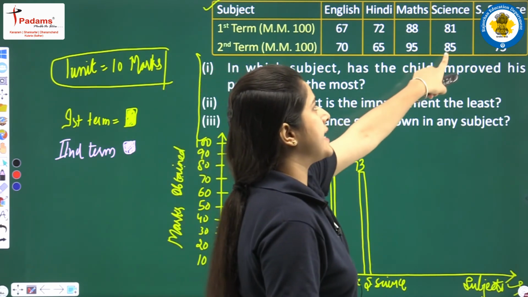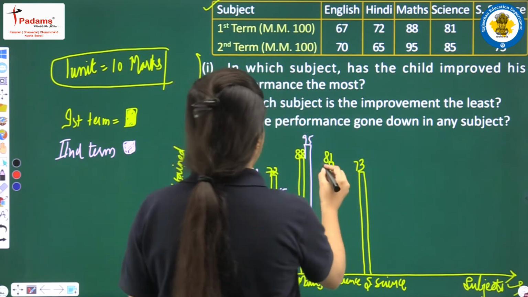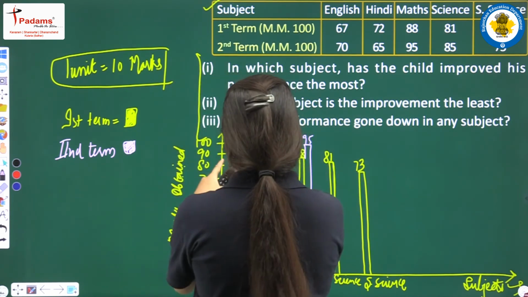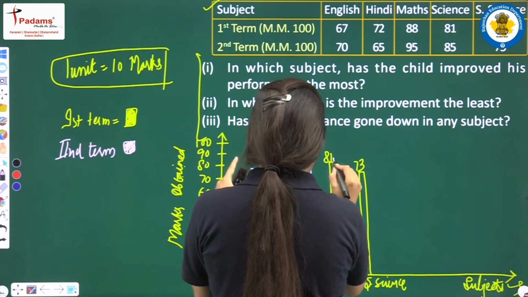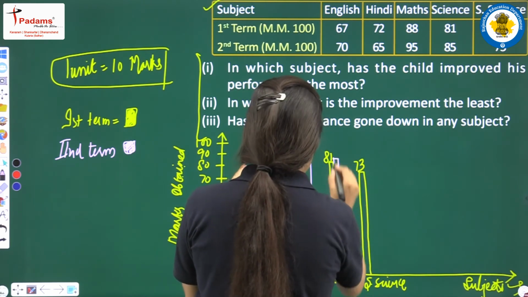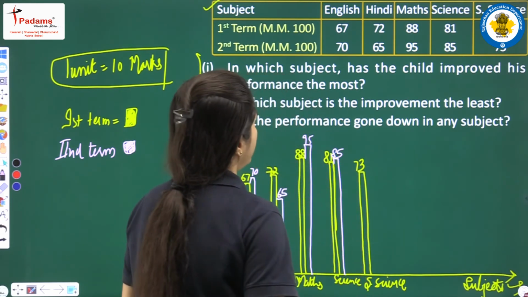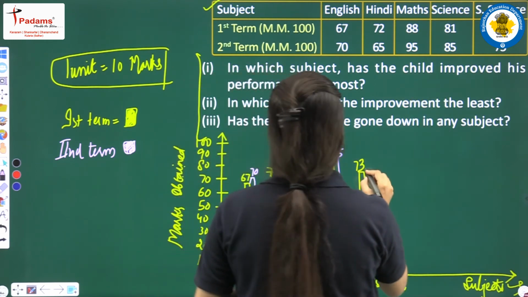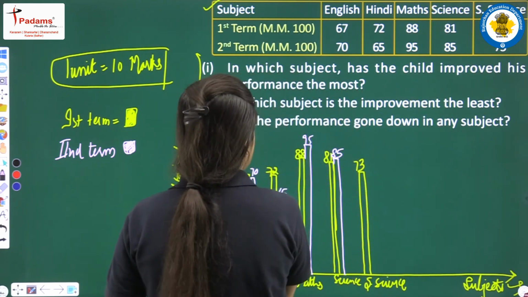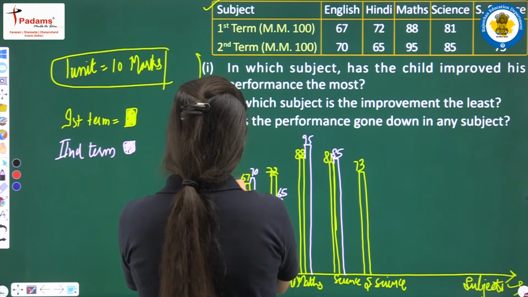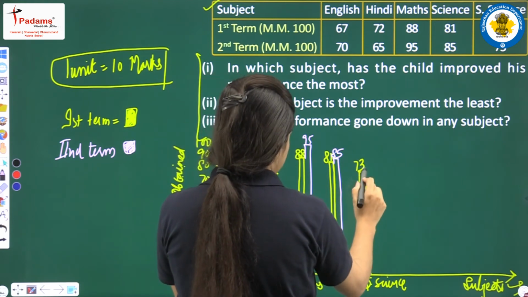He is getting 85 marks in science, 80 and 5, 85. And he is getting 75 marks in social science. Okay, 75 is closer to this.